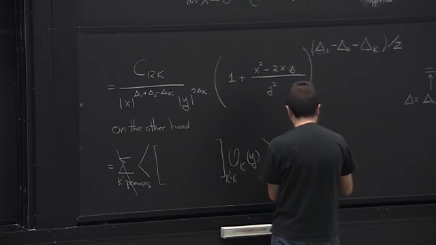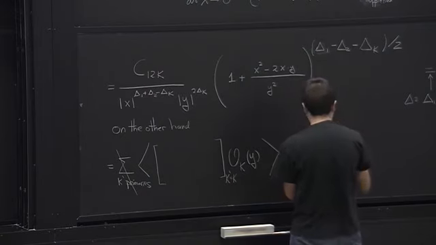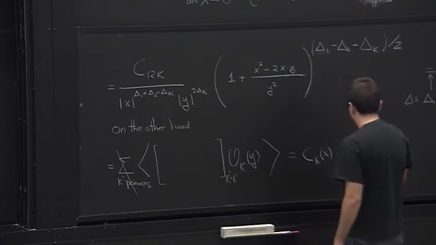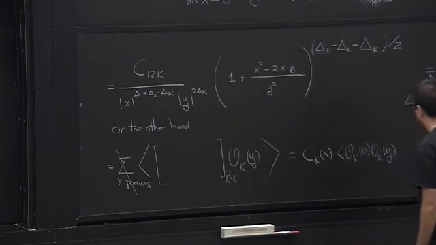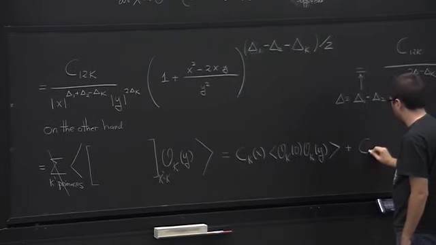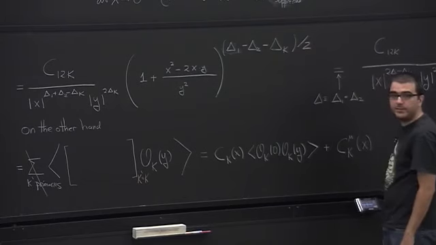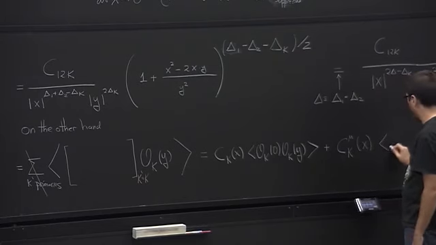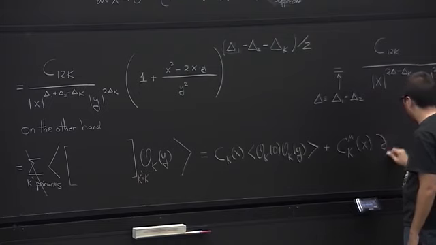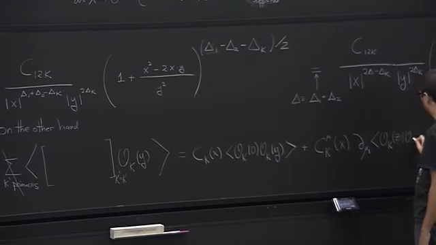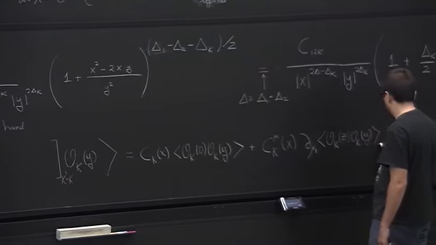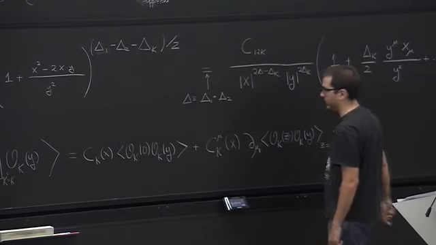What we get is ck of x times the correlation function of OK of 0, OK of y, plus ck mu of x times the correlation function, where d mu 1 means derivative with respect to the first slot, between OK at z and OK at y, and then put z equals 0, plus dot dot dot.